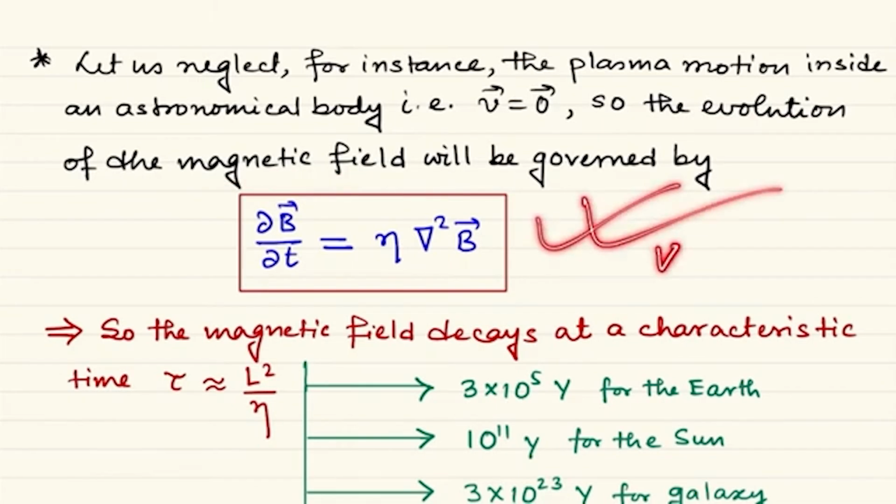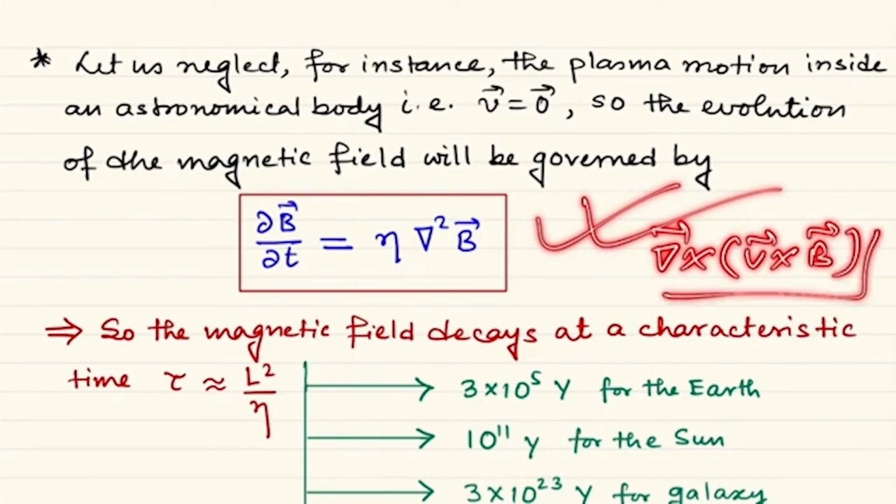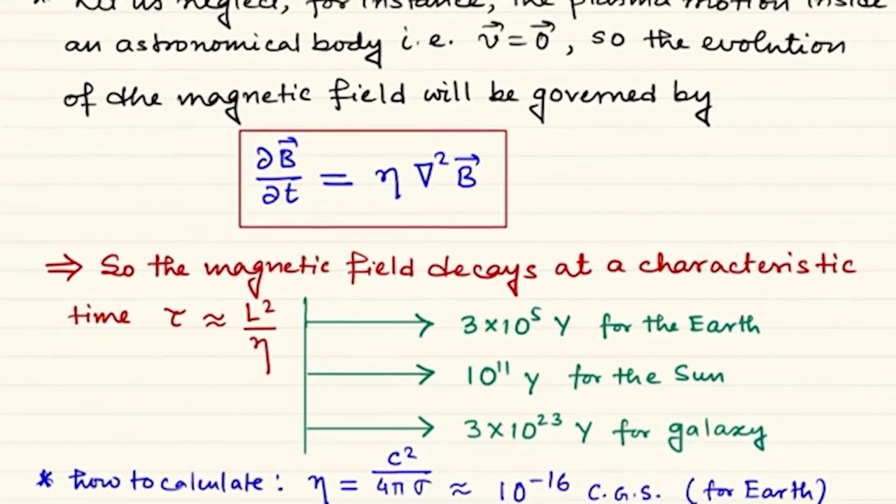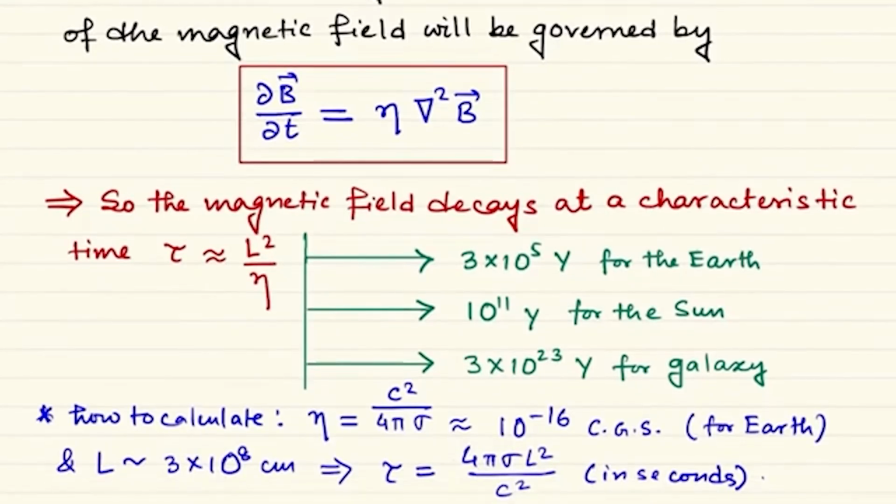But again, the curl of V cross B term would vanish because V is 0. Then effectively your magnetic field, which is now created by some instability from some seed magnetic field, would simply diffuse with time.